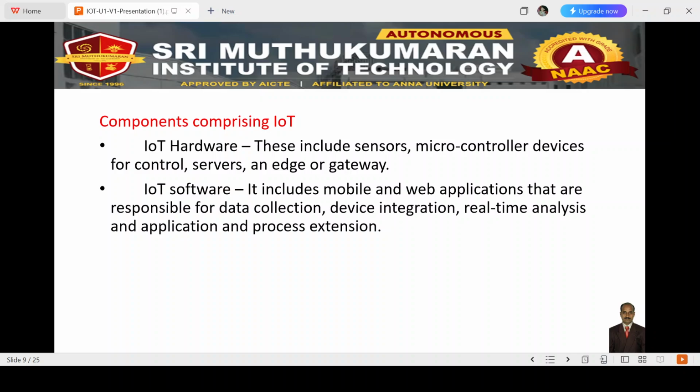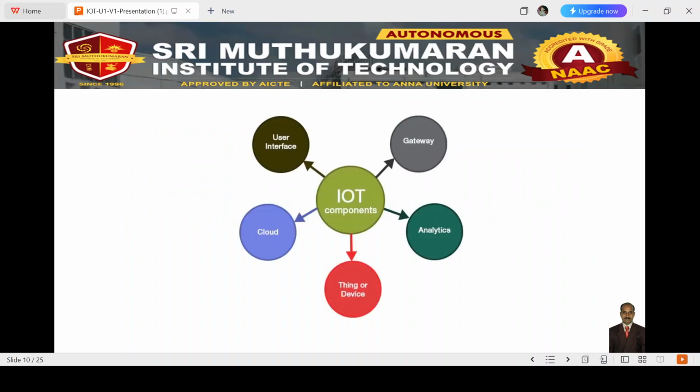Servers are the heart of the system. Coming to the software side, IoT software includes desktop applications, web applications or mobile applications, which are responsible for data collection, device integration, real-time analysis and processes.